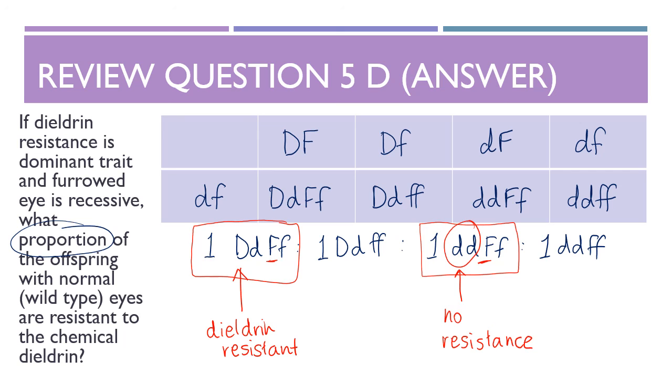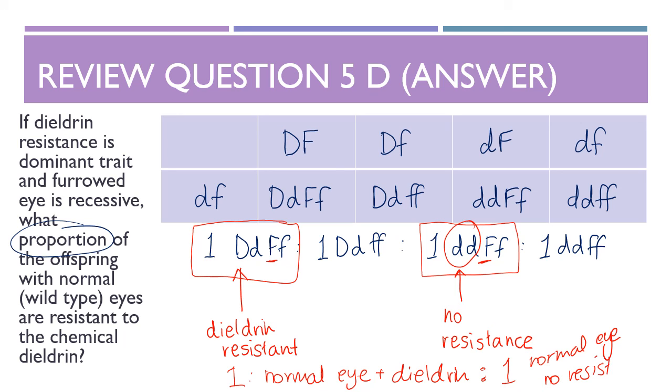So if I'm looking at this, I'm saying, okay, I've got 1 which is normal eyes and dieldrin resistant. And I have 1 normal eyes, no resistance. So what proportion is it? The answer is 50%. Okay, so 50% of the offspring with normal eyes will have that resistance as well.